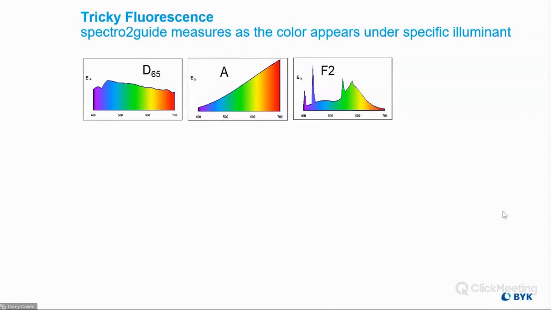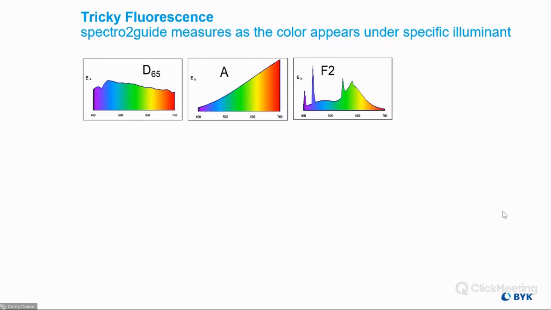Whereas the Spectra 2 guide, because it can separate out those two sources of light, the reflected light and the emitted light, can modify it appropriately for whatever illuminant is selected.